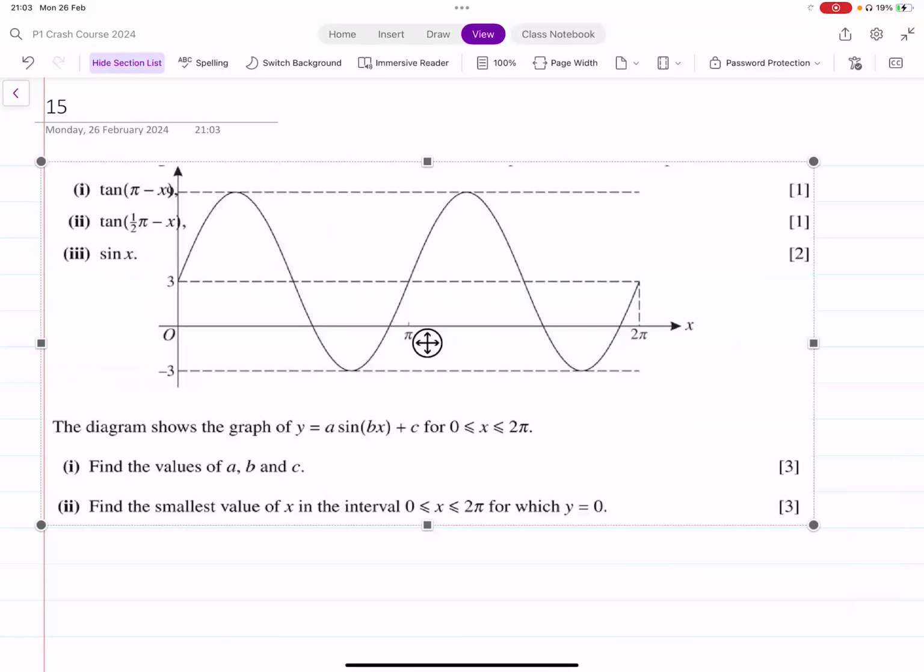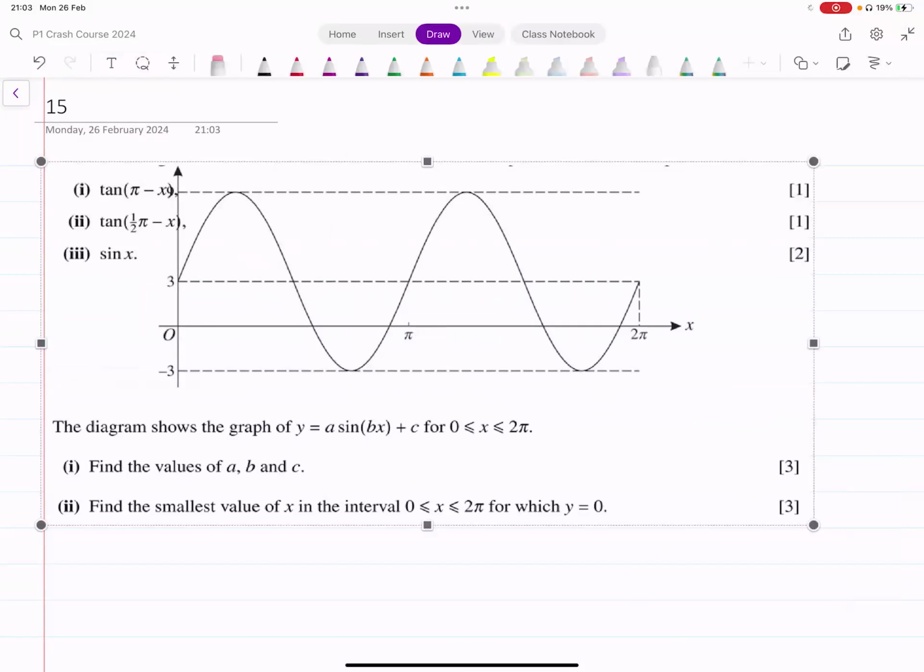Okay, so the actual question is actually just this much. This is from a previous question. And this number here was 9.